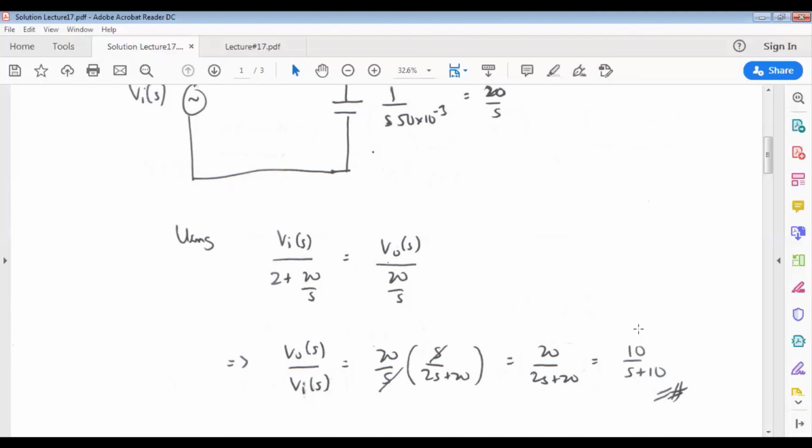Hopefully by this example, you can understand how we can calculate a transfer function for a given electrical circuit. The next task, in the second part of lecture 17 after this, will be that from this transfer function we're going to sketch the Bode diagram, and from the sketched Bode diagram, we are going to determine the filter type.